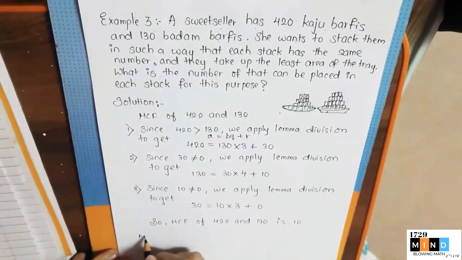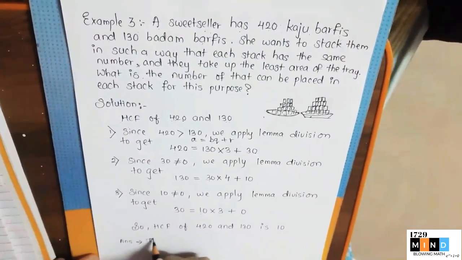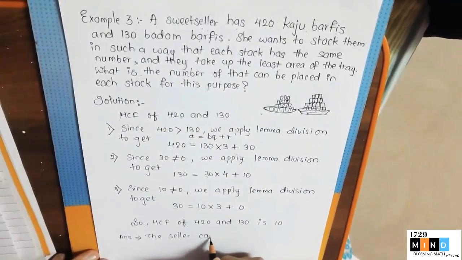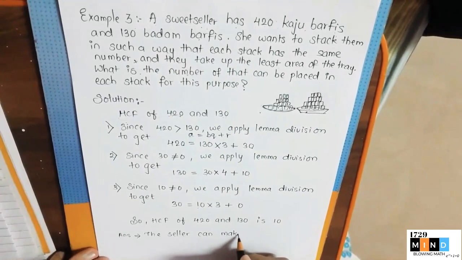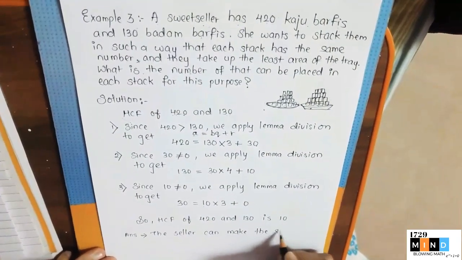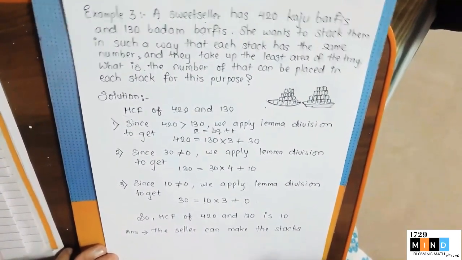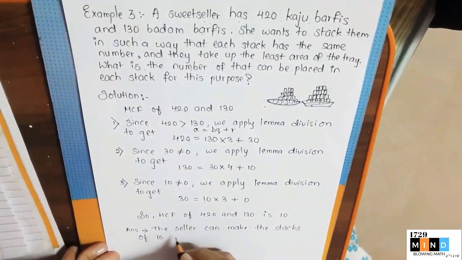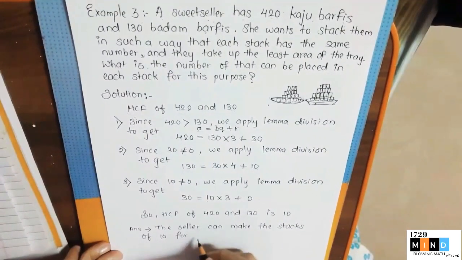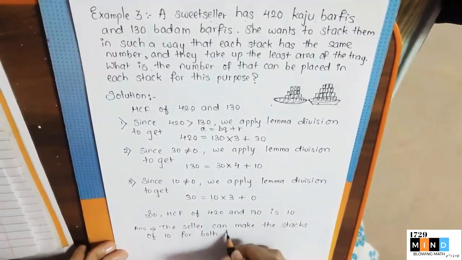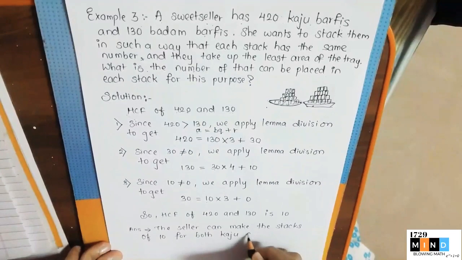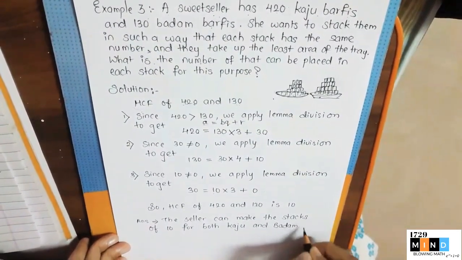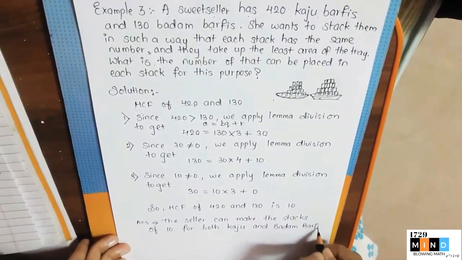So the answer is, the seller can make the stacks of 10 for both Kaju and Badam burfis. Is it clear now?